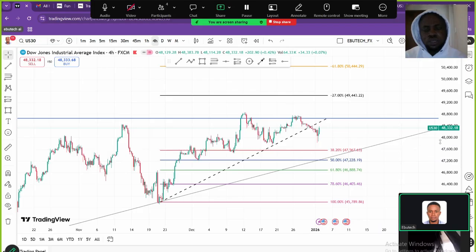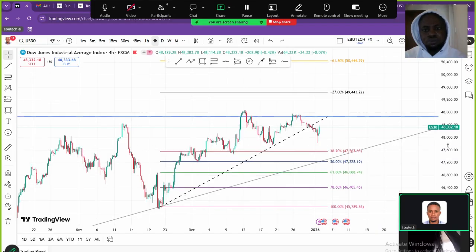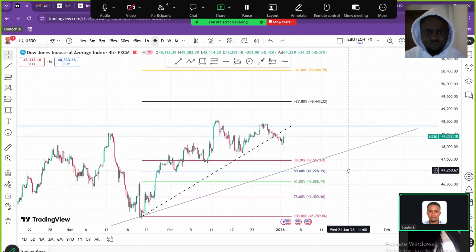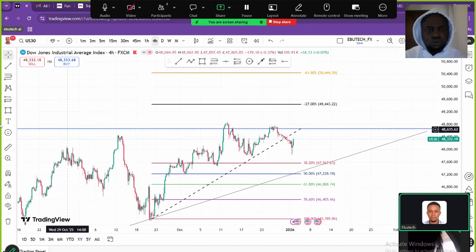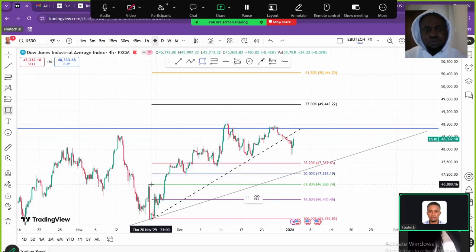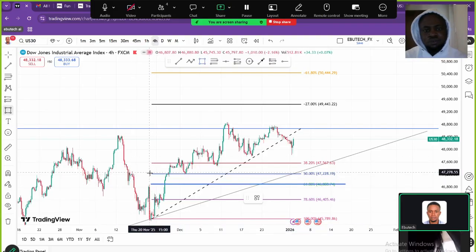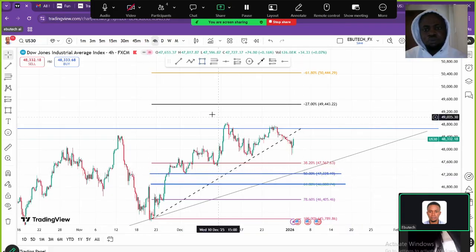Do you understand? So now we have to mark it out. Now this is the 50 fib level, 61 fib level. This is another 50 fib level. So it's very simple.